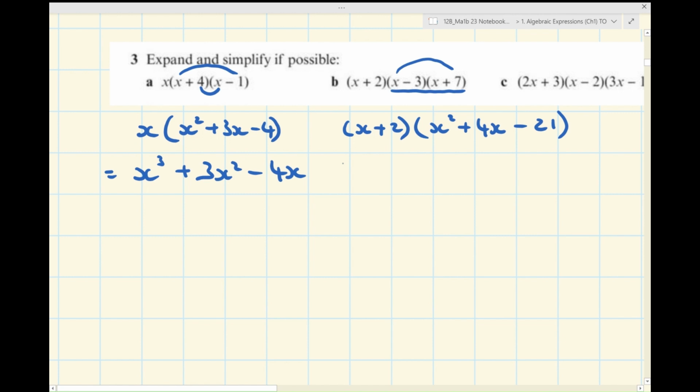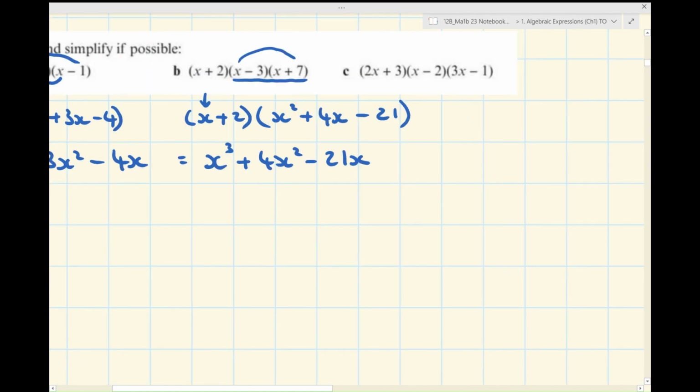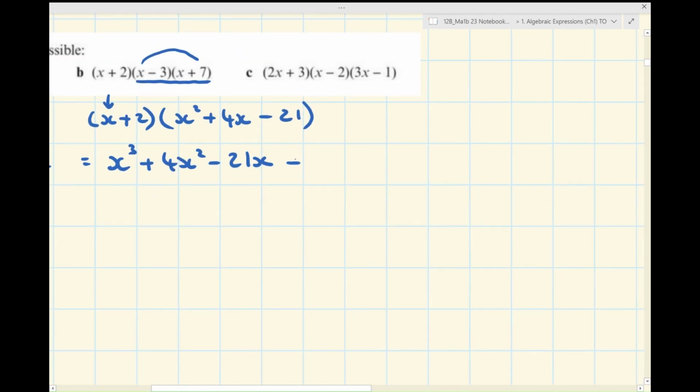Now, I'm going to multiply each of the terms in the second bracket by the x first. So I'm looking at the second bracket, and I'm multiplying each term by x. And now I'm going to look at the second bracket and multiply each term by 2.